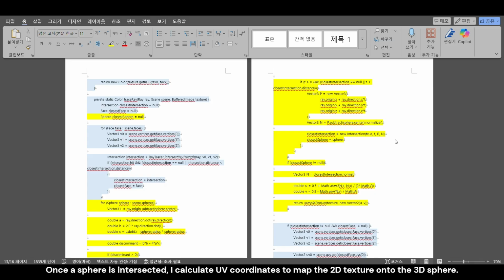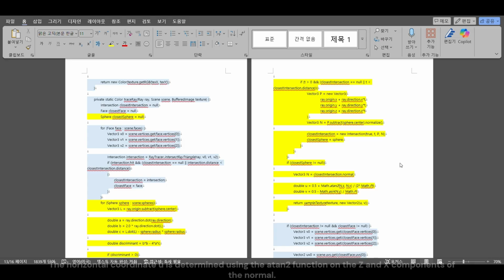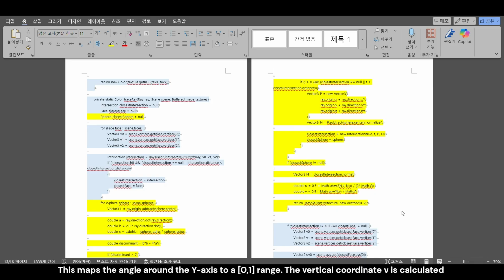Once a sphere is intersected, I calculate UV coordinates to map the 2D texture onto the 3D sphere. The horizontal coordinate U is determined using the atan2 function on the z and x components of the normal. This maps the angle around the y-axis to a 0, 1 range.